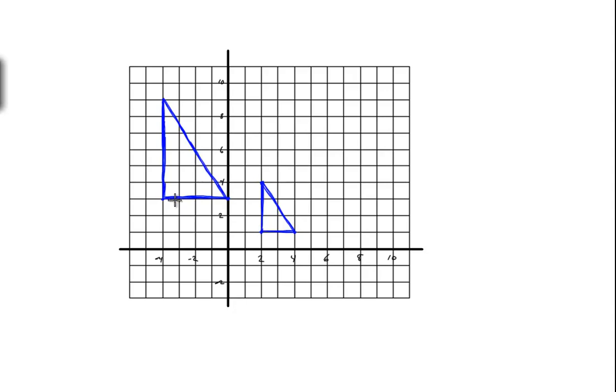If this is A, this is A prime. And we can sort of move along here, somewhere like that. If this is B, this would be B prime. We can join those together and try to find something that lines up. And if this is C, this would be C prime, so we can go through like that.